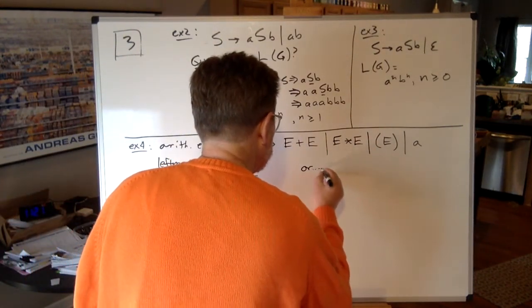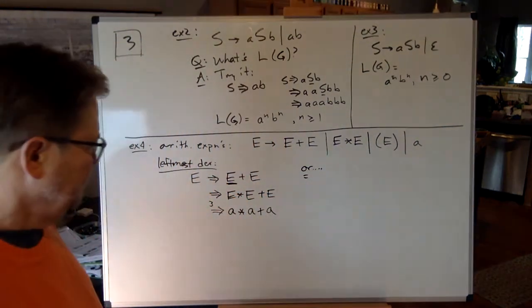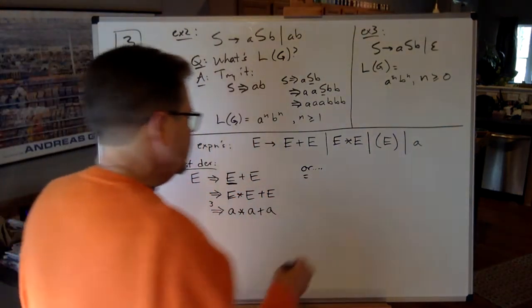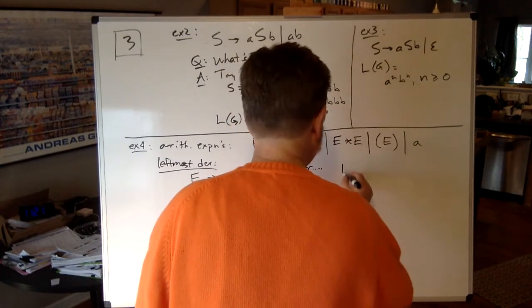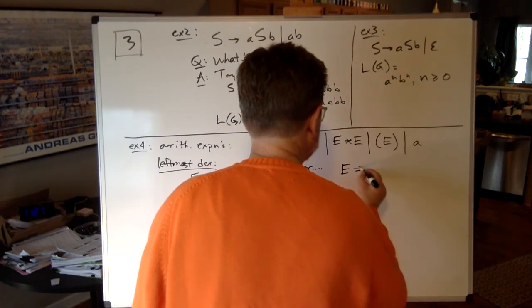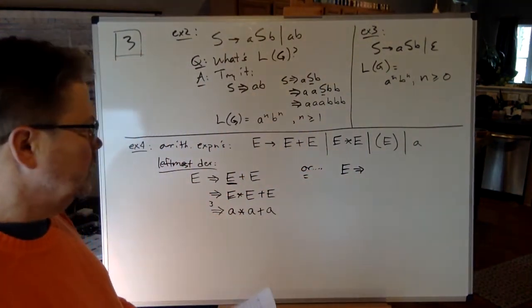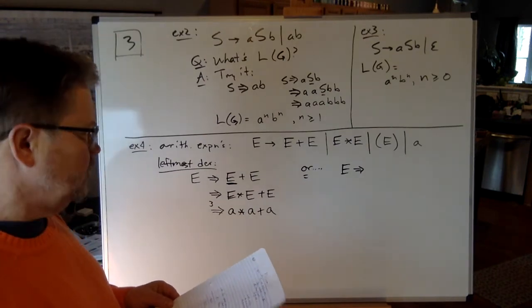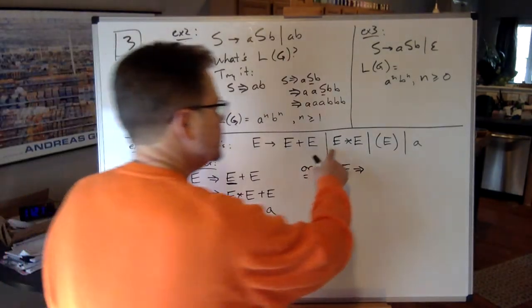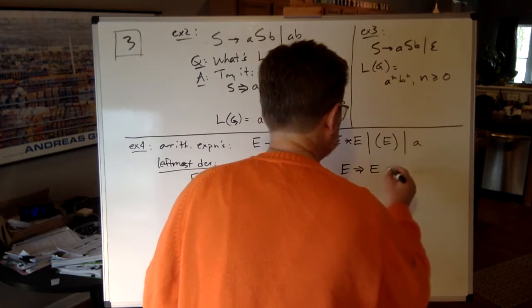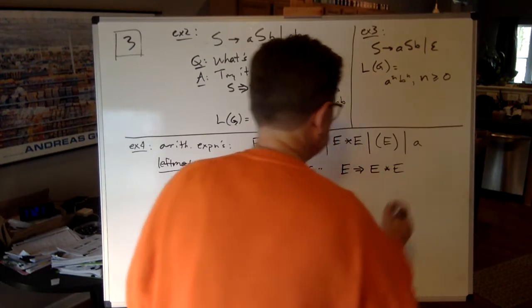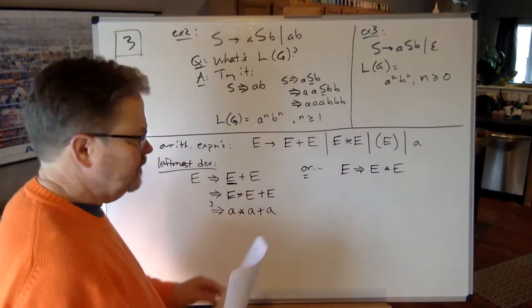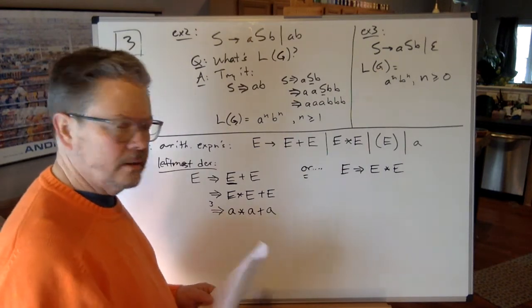I'm sorry about that. Here is another leftmost derivation, still leftmost. I could start off not necessarily with addition. Let's do e times e. That feels wildly different, doesn't it?